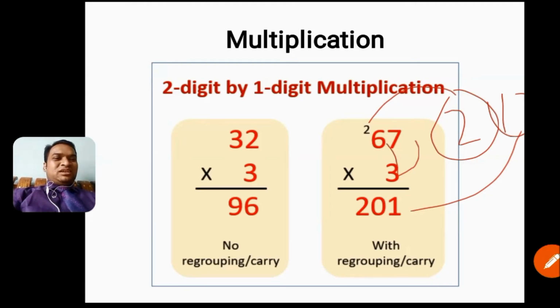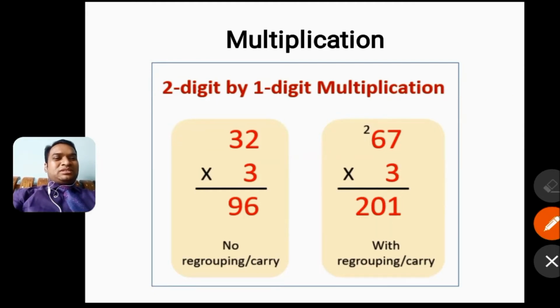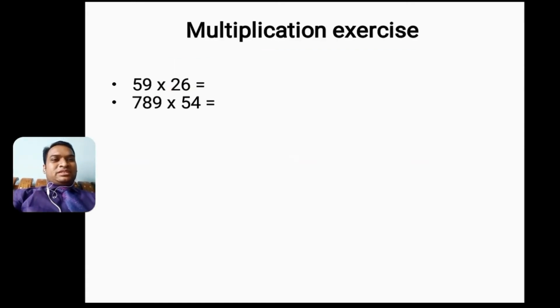So 3 6s are 18. If you don't know the timetable, you cannot solve it. So 3 6s are 18, and we have 2. If we add this 2 with 18, then it becomes 20. You see. So our answer is 201. I hope you understand this. Let's go to the next slide.